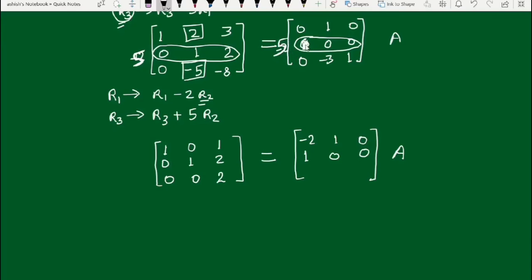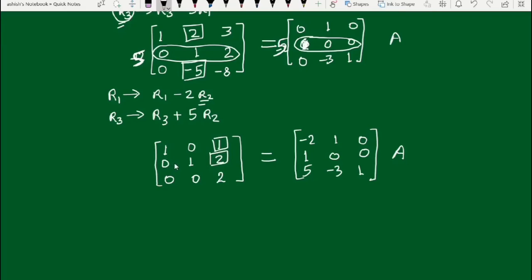Now multiply it by 5: 5, 0, 5, 5, 0, minus 3, and 0, 1. Now in last we have to make 0 this and this only.